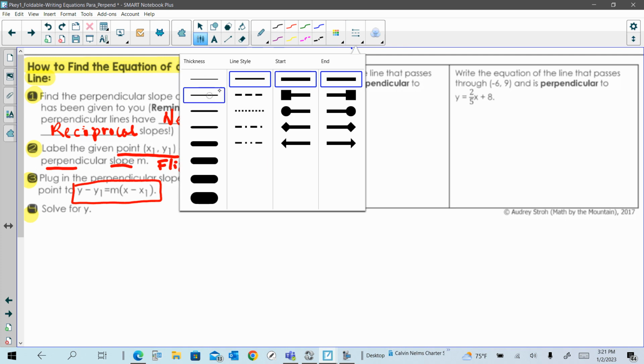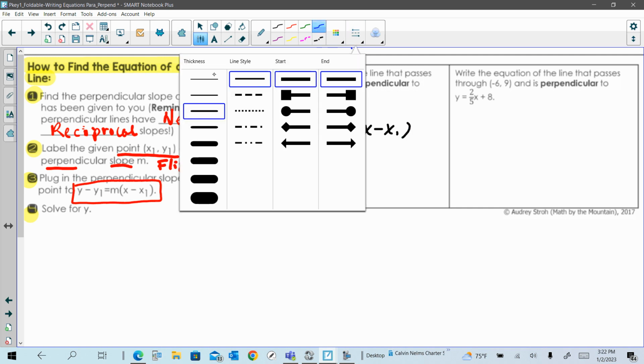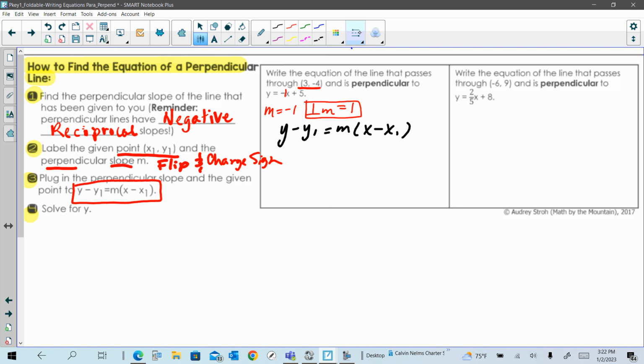In our point slope formula, which is y minus y1 equals m parentheses x minus x1, we're now just plugging in the parts into the formula. So our y1 is our -4. You got to remember, when you plug it in, you're going to do the opposite, because we're not going to write y minus a -4, because we can simplify that as just y plus 4 equals our +1 for m parentheses x minus 3.